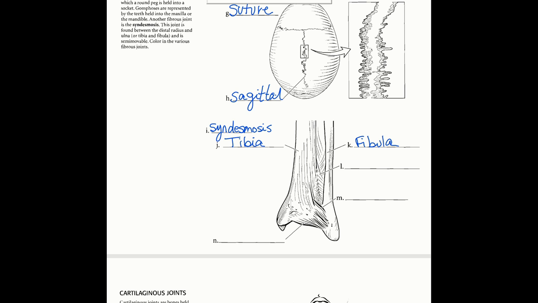The membrane that's traveling between them, very similar to that of the ulna and radius, is our interosseous membrane.